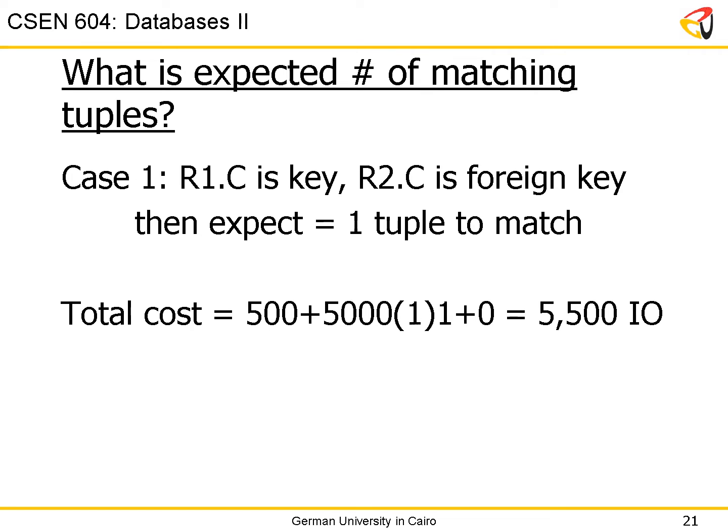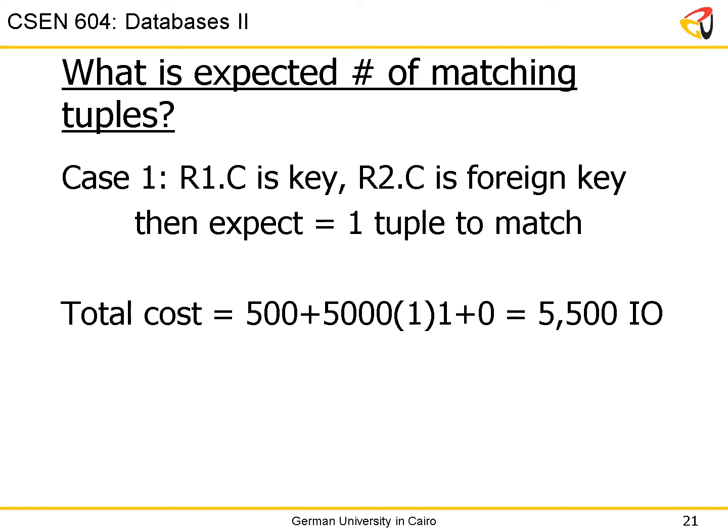That means the total cost is the following: 500 plus 5,000 multiplied by (1 plus 0). How is that being computed? The first 500 is for reading all of R2, because again, the R1.C index is in memory, so I'm not paying anything for that.